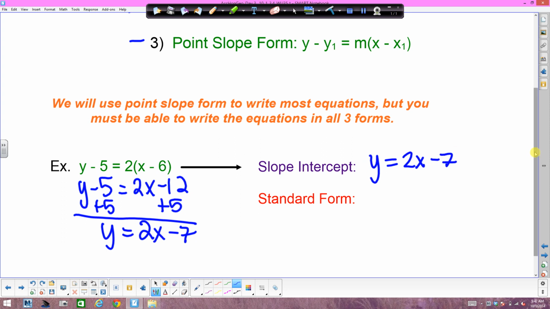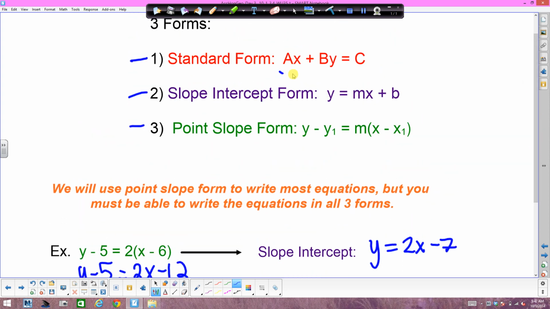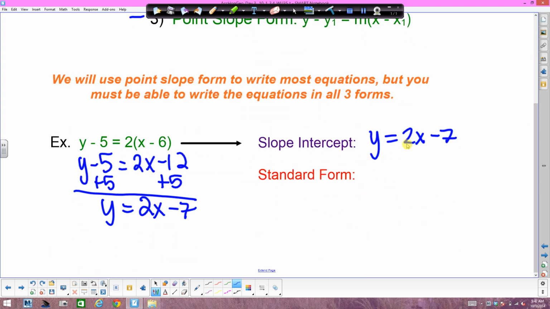And then to get to standard form, remember that's where we have ax plus by equals c. And if you remember from last year, a, b, and c cannot be fractions, and a must be positive. So we know that the variable x has the coefficient a in front of it. So we know this 2 needs to stay positive. So let's say I go ahead and I subtract 2x to the other side.